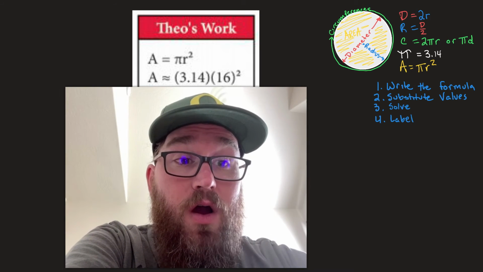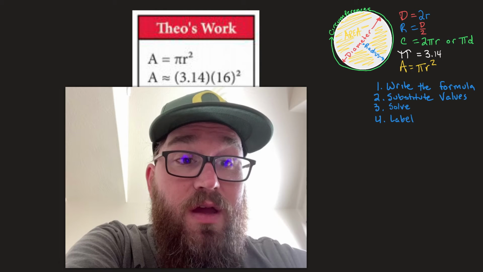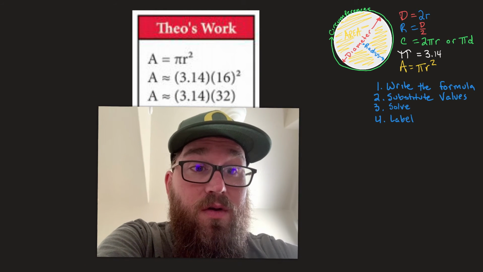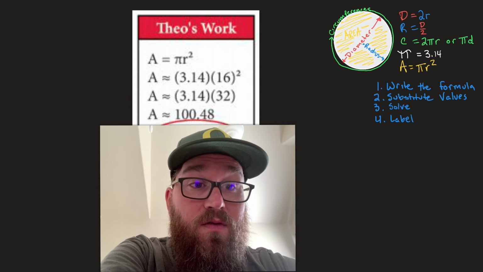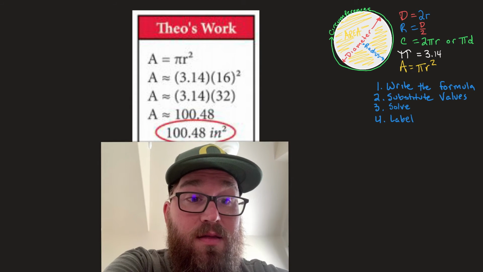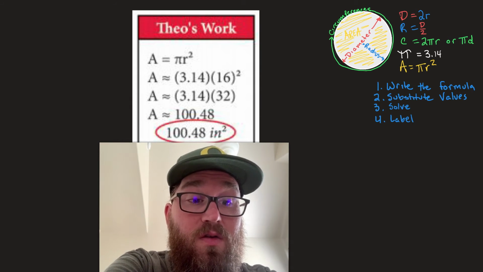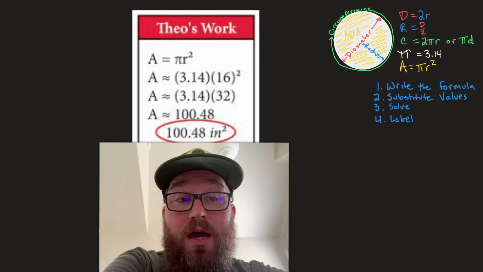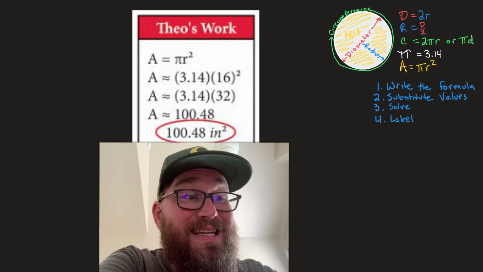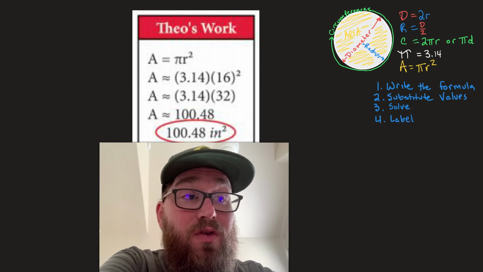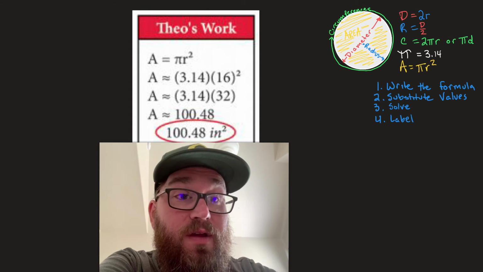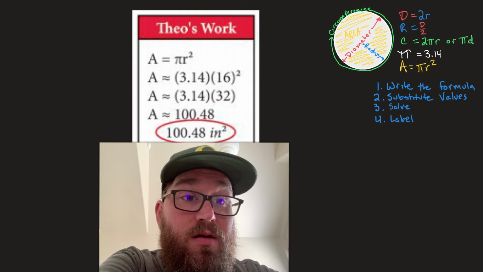So what we start to see is this happen, and then this, and then that as an answer. So what did Theo do wrong? Now Theo did 16 times 2 right here to get 32.